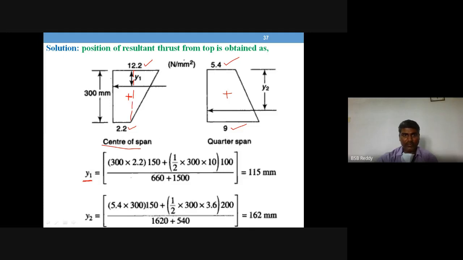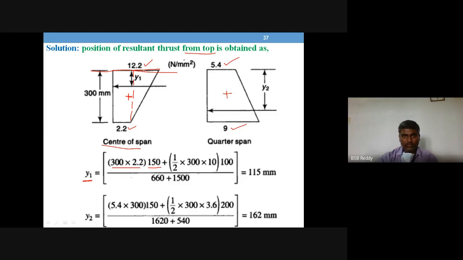So that will be a1 x1 plus a2 x2, divided by a1 plus a2. So a1 is a rectangle, 300 into 2.2, with the reference line at the top. From the top, the center of this rectangle is 150. Then the area of this triangle is half base into height, half into 300 into the remaining, which is 10. This is 10, this is 2.2.